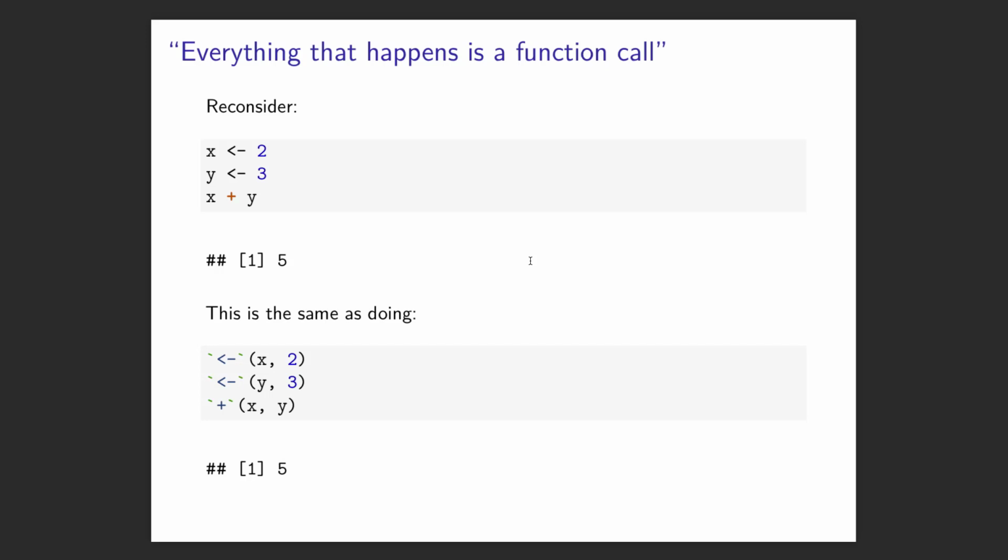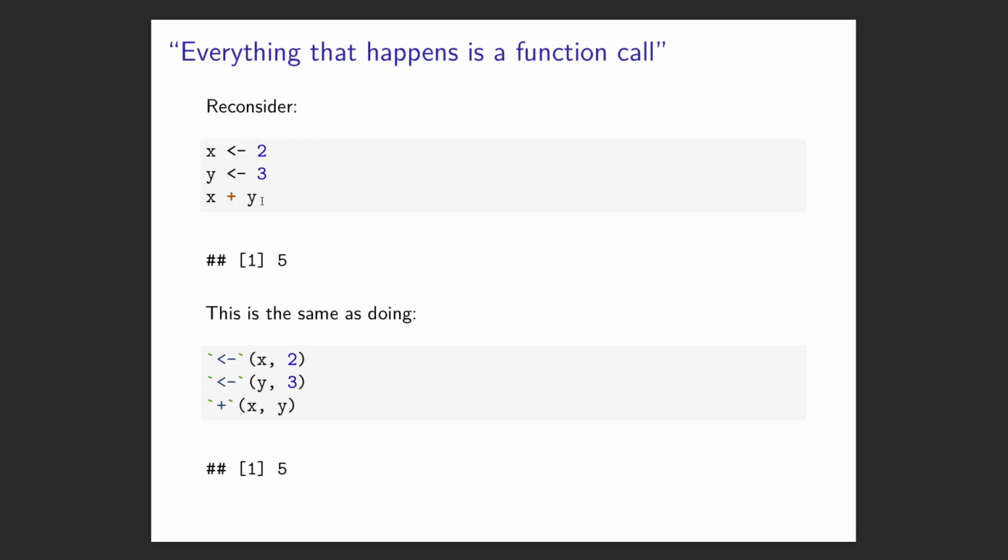So what exactly happens? Everything that happens is a function call. So when we're using x plus y, that's actually this entire thing. We're assigning the value 2 to x, the value 3 to y, and then doing this x plus y thing. What all of these are actually doing is calling these functions: this assignment operator, this next assignment, and then this plus function.